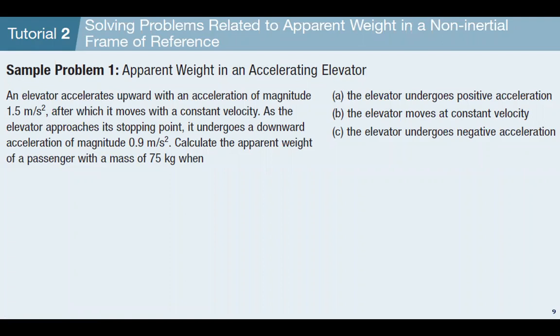As the elevator approaches its stopping point, it undergoes a downward acceleration of magnitude 0.9 meters per second squared. Can you calculate the apparent weight of a passenger with a mass of 75 kilograms when A, the elevator undergoes positive acceleration, B, the elevator moves at a constant velocity, C, the elevator undergoes a negative acceleration?